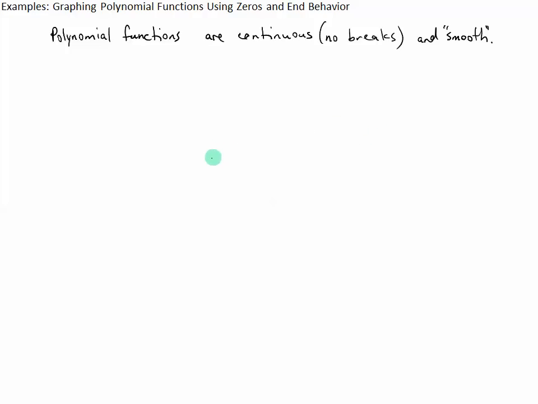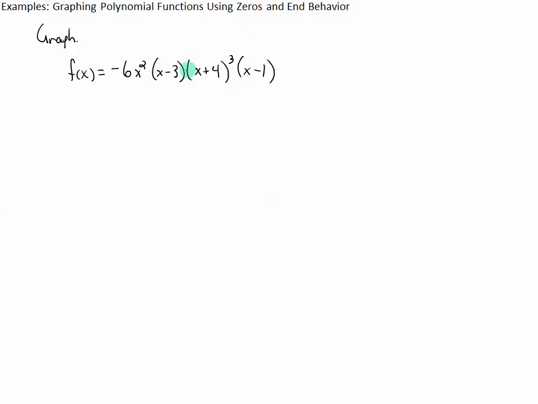Now, I will start with the first example that we'll graph, and we'll first understand the end behavior and the zeros, and then we'll use that information to transfer it to a two-dimensional graph. So we have a polynomial function here, and I want you to notice that this is the factored form. This is completely factored.